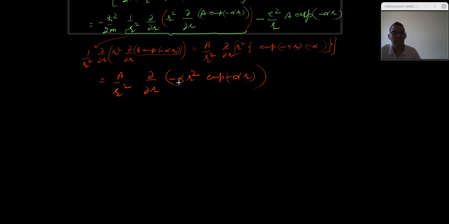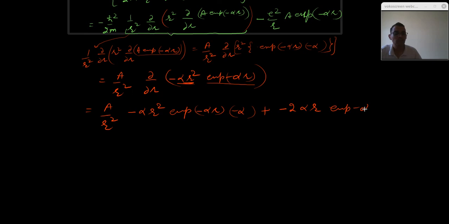Now I will apply the product rule here, because one function is this and another function is this. So it is A upon r square, minus alpha r square as it is, times the derivative of the exponential of minus alpha r, which gives minus alpha, plus the derivative of r square, which is minus 2 alpha r, with the exponential of minus alpha r remaining as it is. These are the two terms.